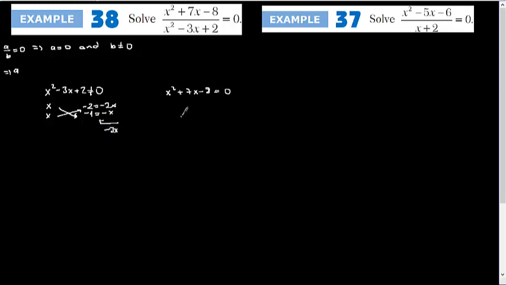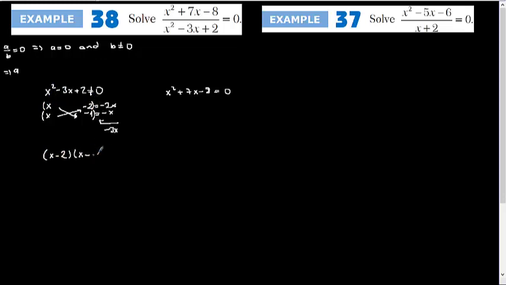Then we are going to get the factors x minus 2. I'm going to take directly the factors. I explained this one before, that's why I'm not going to continue.